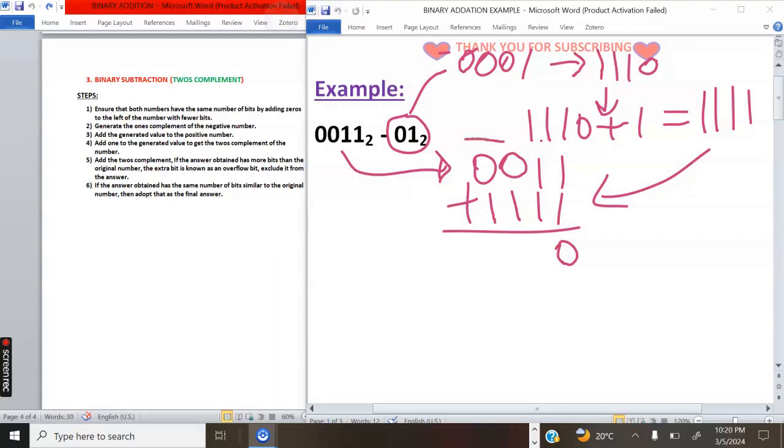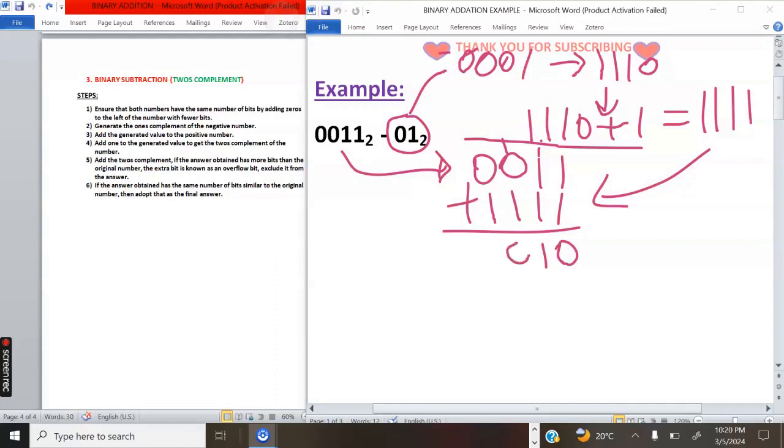Okay, let me draw a line here to separate. So we have 1 here. So 1 plus 1 plus 1 is 1, 1. So we'll have 1 here, then you have another one there. Then we have 1 plus 0 plus 1 is equal to 1, 0.